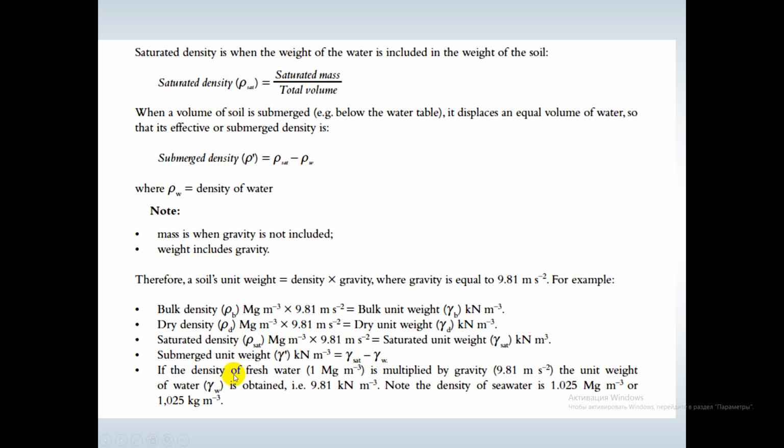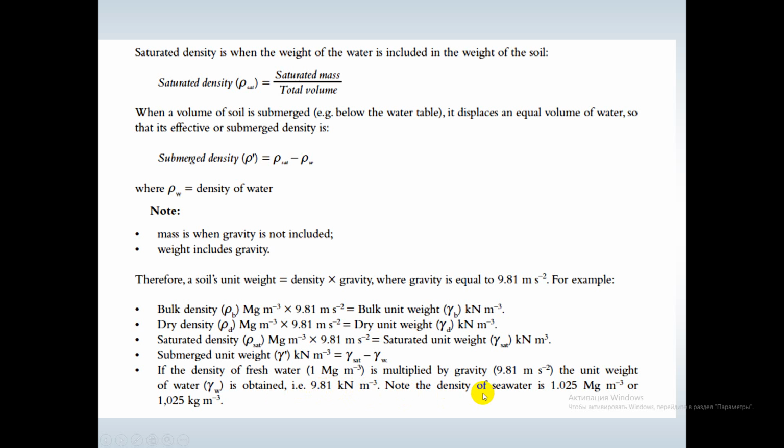If the density of fresh water is multiplied by gravity, the unit weight of water is obtained. That is 9.81 kilonewtons per cubic meter.